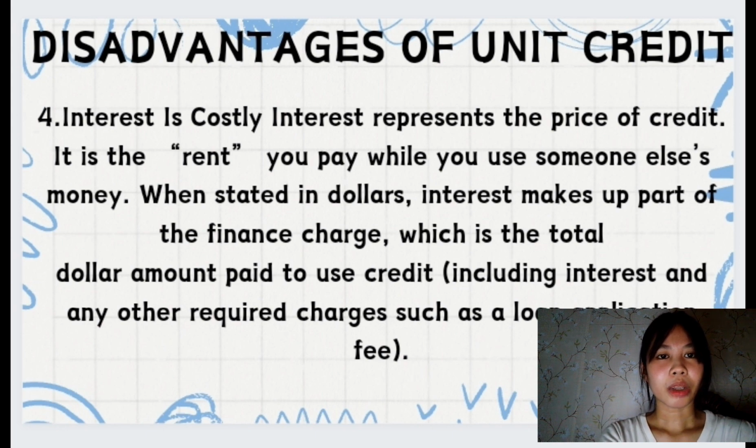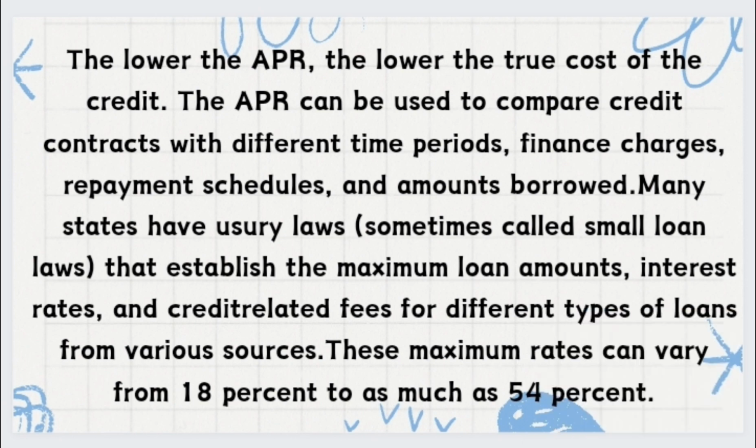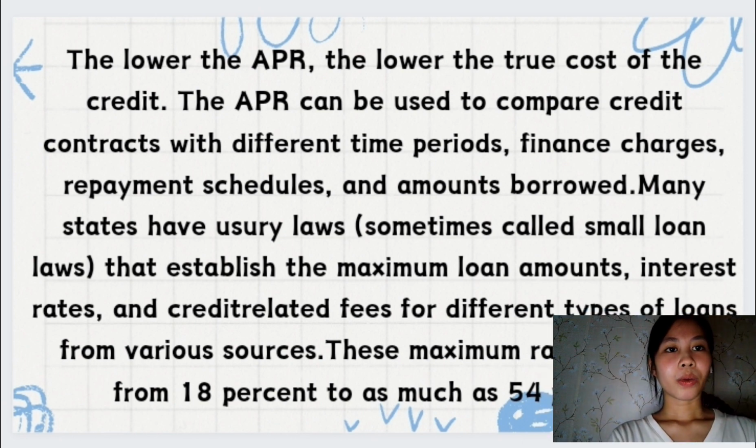Knowing the APR simplifies making comparisons among credit arrangements. The lower the APR, the lower the true cost of the credit. The APR can be used to compare credit contracts with different time periods, finance charges, repayment schedules, and amounts borrowed.